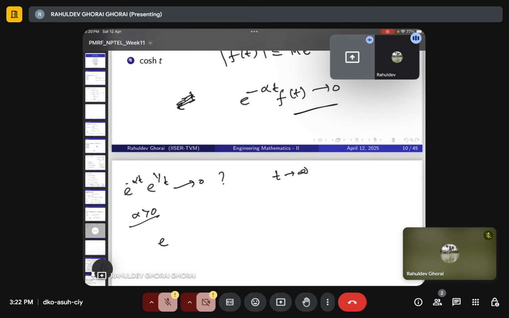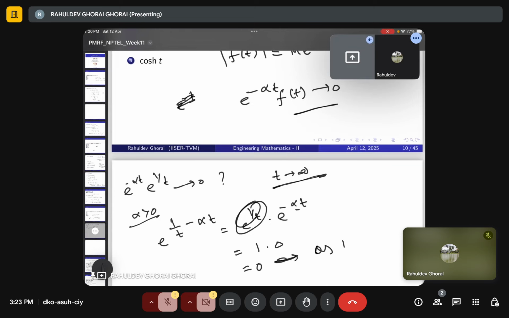So e to the power 1 over t minus alpha t is nothing but e to the power 1 over t times e to the power minus alpha t. As t tends to infinity, 1 over t converges to 0, so e to the power 1 over t converges to 1. And as t tends to infinity, alpha is positive, so e to the minus alpha t is 0, so it is 0 as t tends to infinity.